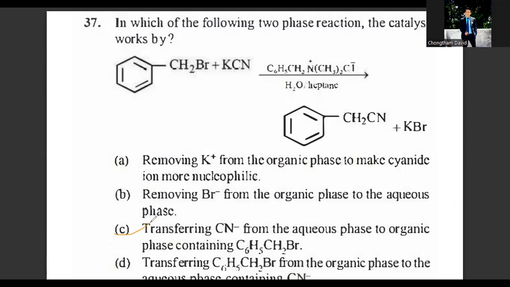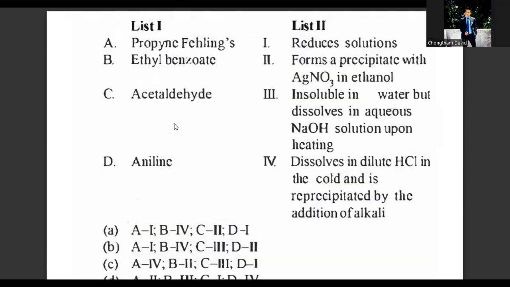Let us move to question number 38. Match the column, list 1 and list 2. In the list 1 part, you have propyne, which forms a precipitate with silver nitrate.